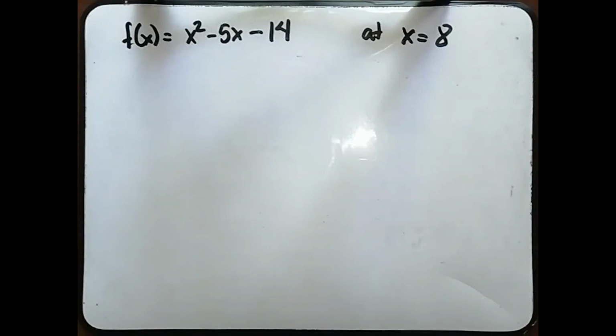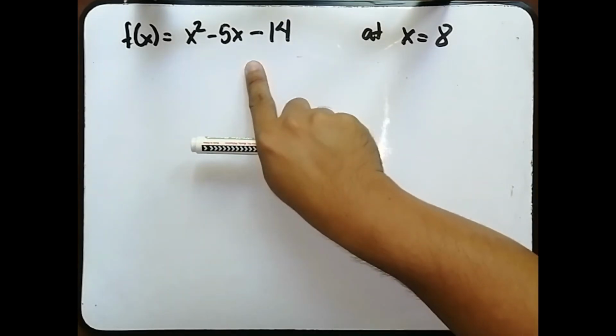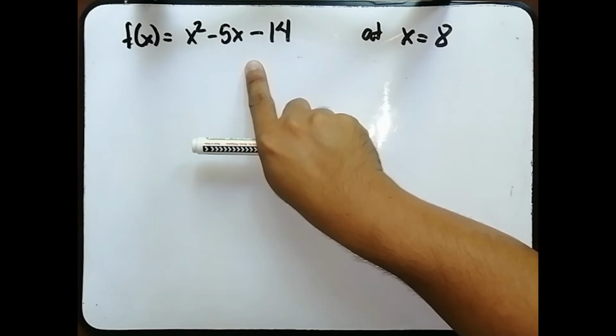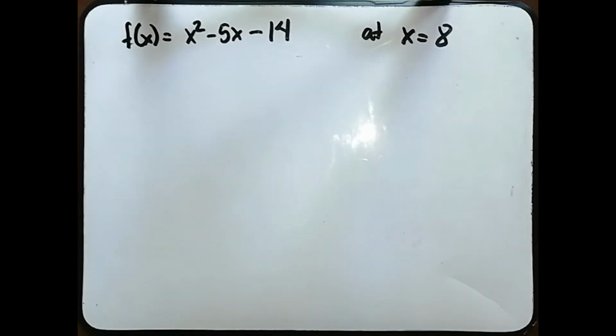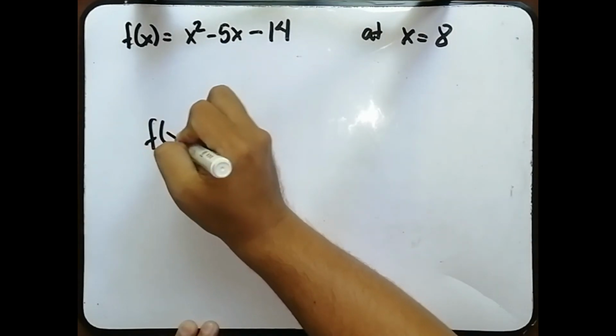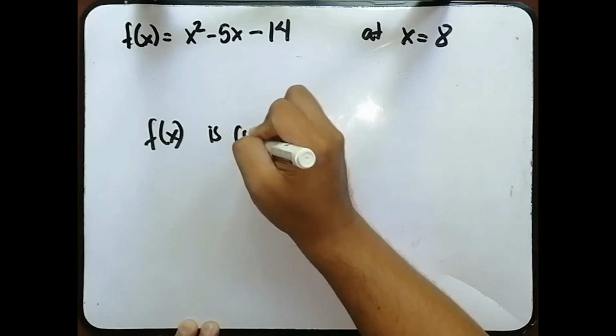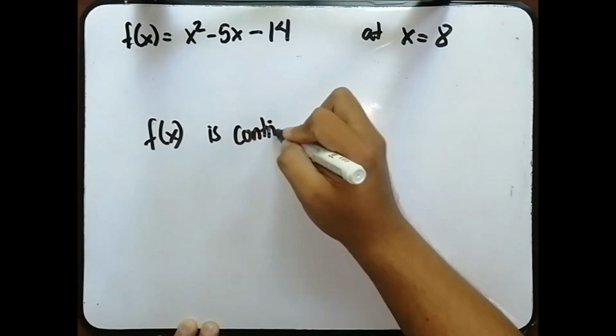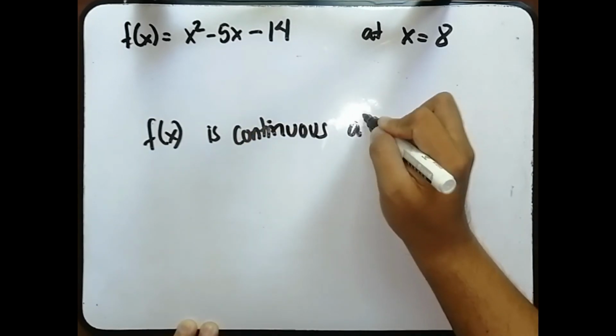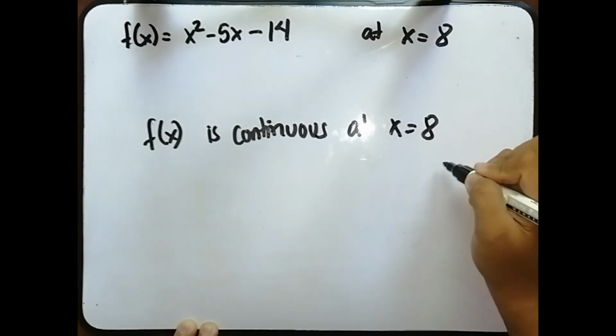So, let's determine if f of x equals x squared minus 5x minus 14 is continuous at x equals 8. So, since this is a polynomial, sabi natin kanina, a polynomial function is continuous at every real number, then hindi na natin kailangang i-check. Sure na tayo agad that f of x is continuous at x equals 8.